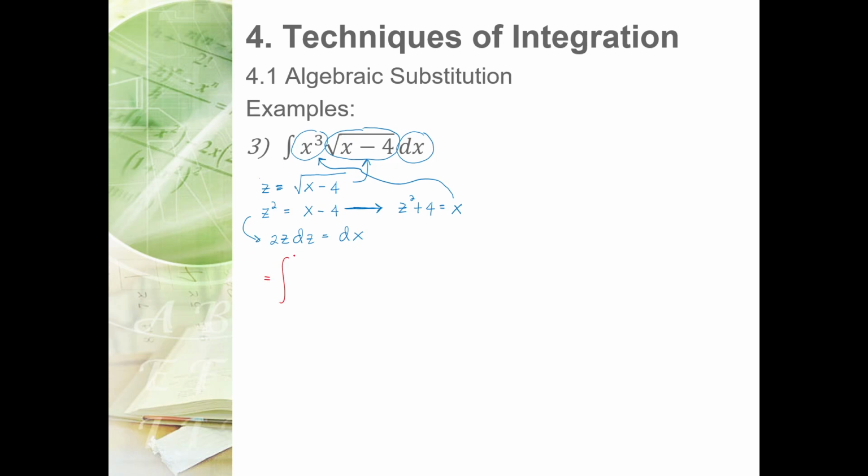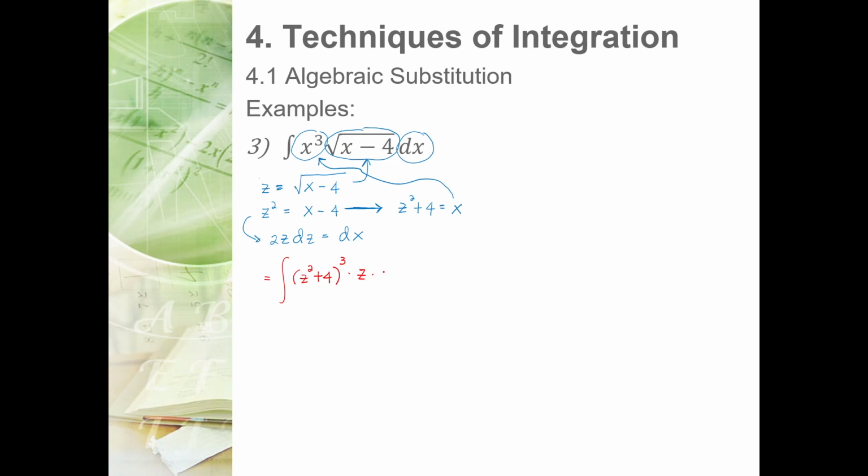So in the new format, since this one is x cubed, you have z squared plus 4, cubed, and then times z, that's from the square root of x minus 4.